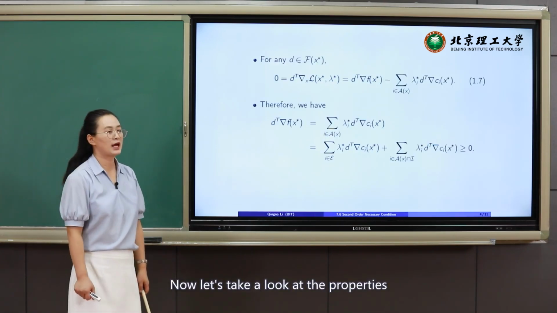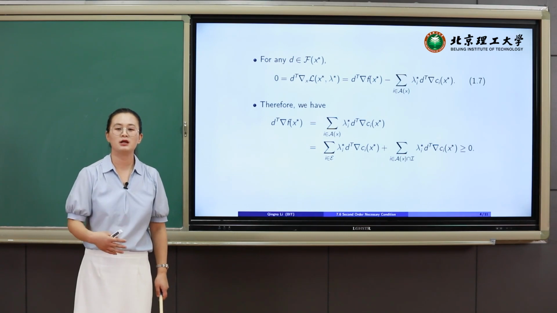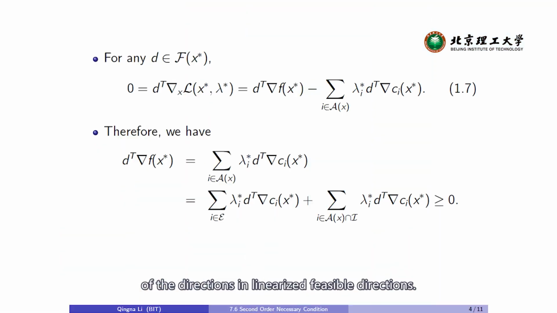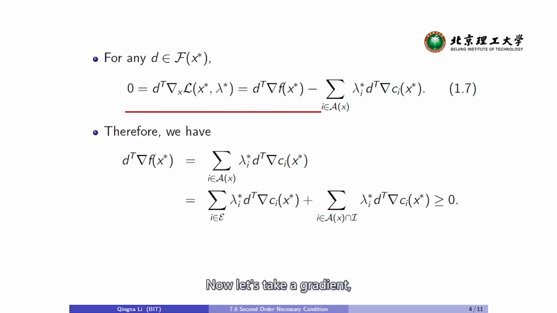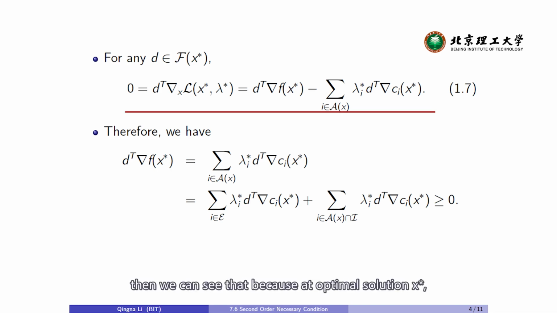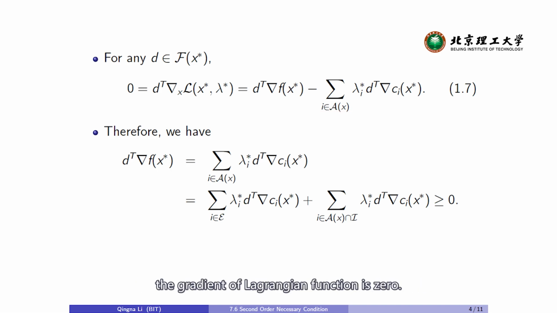Now, let's take a look at the properties of the directions in the linearized feasible direction set. Let's take an inner product between the direction d and the gradient of the Lagrange function with respect to x. Because at the optimal solution x star the gradient of the Lagrange function is 0, the inner product is 0 as well.